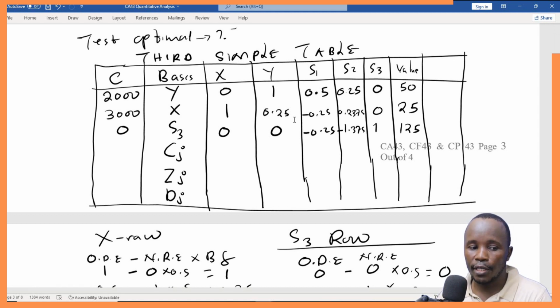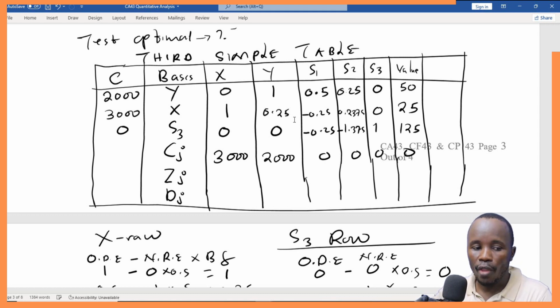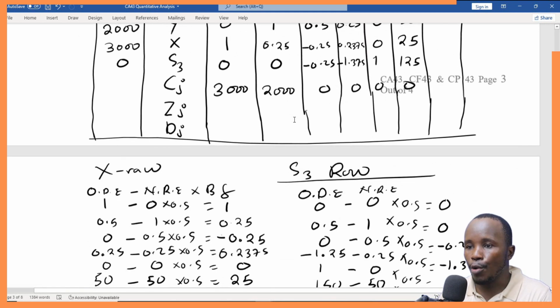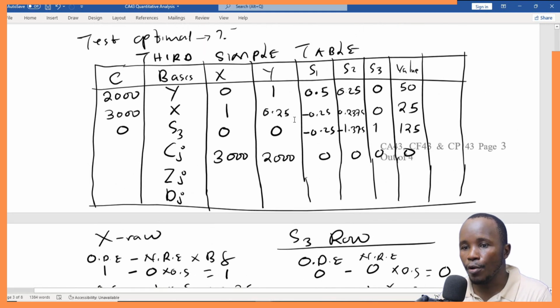We look for Cj. I mentioned that Cj is not changing. You have 3,000, 2,000, 0, 0, 0, and 0. Remember how we find Zj?